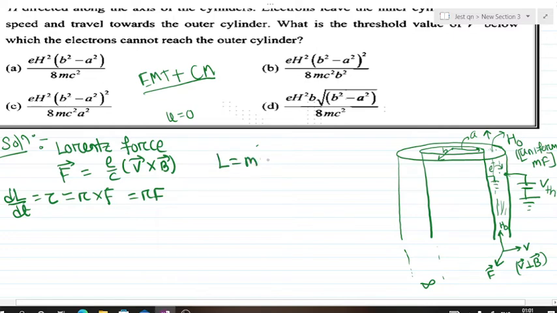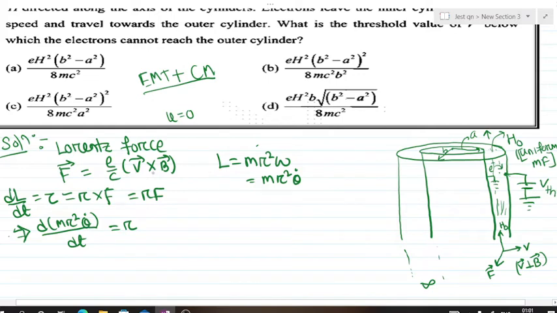Angular momentum is equal to m r square omega, and omega is theta dot. So d of m r square theta dot divided by dt is equal to rF.